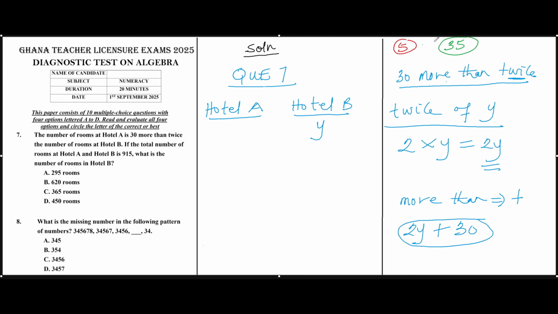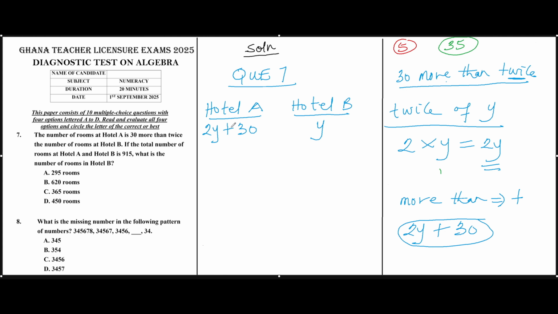We just add 30 to 5. So 30 more than twice of Y, we just add 30 to 2Y. With this, the number of rooms in Hotel A will be 2Y plus 30, which represents 30 more than twice the number of rooms in Hotel B.